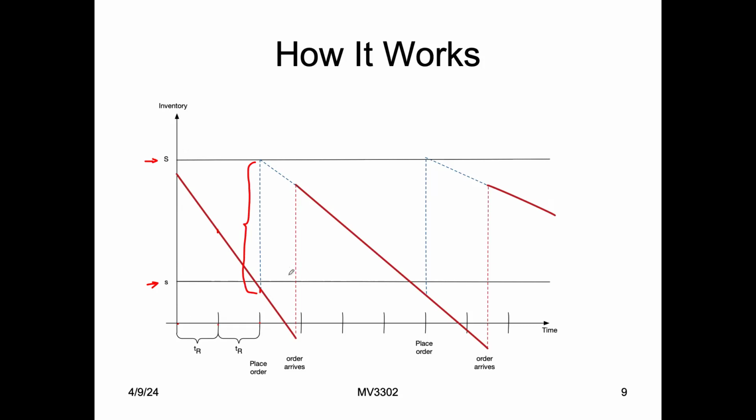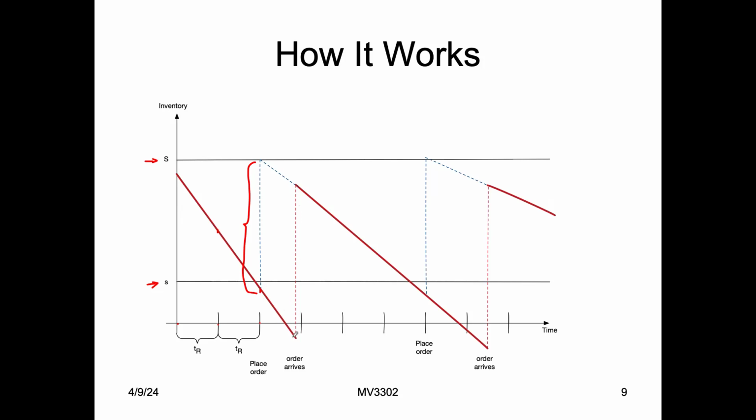Now as we're waiting for the order, we still get demand. Customers are still demanding our stuff. In fact, here we actually go into a back order situation. This is representing inventory position, which is how much we have on hand minus the back order. So when we go negative here, you can't give a customer a negative thing.